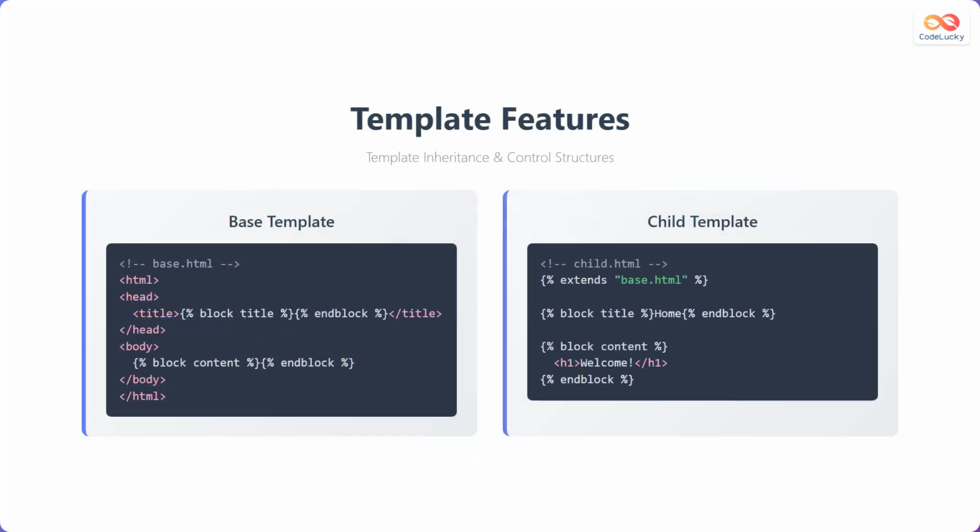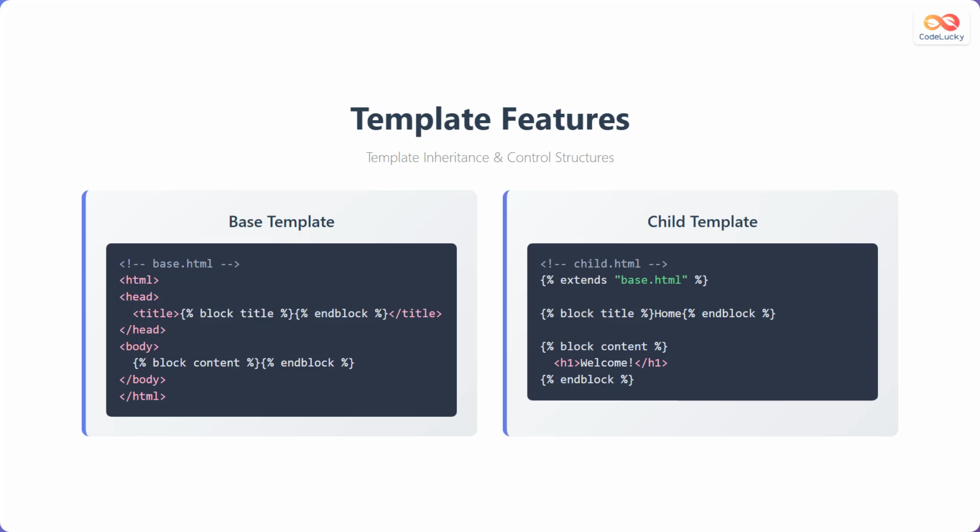Template inheritance is one of Jinja2's most powerful features, allowing you to create a base template with common structure and extend it in child templates. The base template defines blocks using {% block name %} syntax, which child templates can override or extend. Child templates use {% extends 'base.html' %} to inherit from the base template.